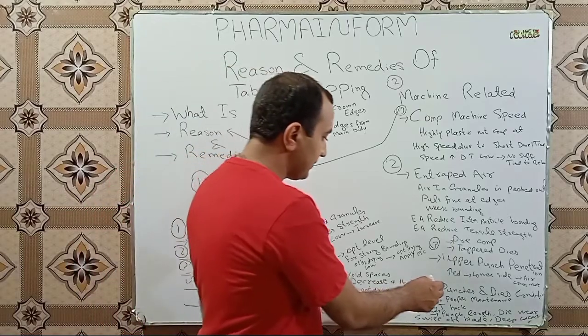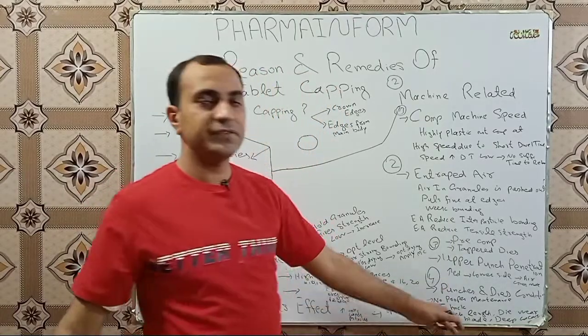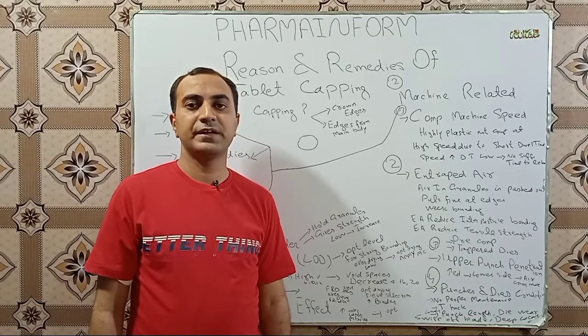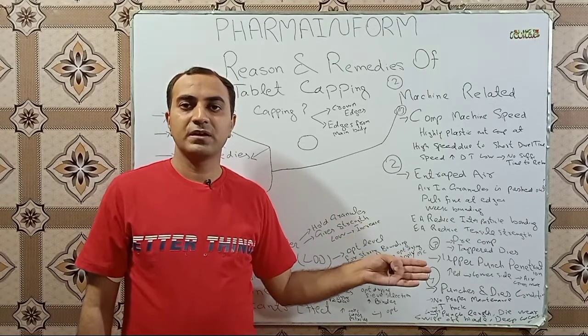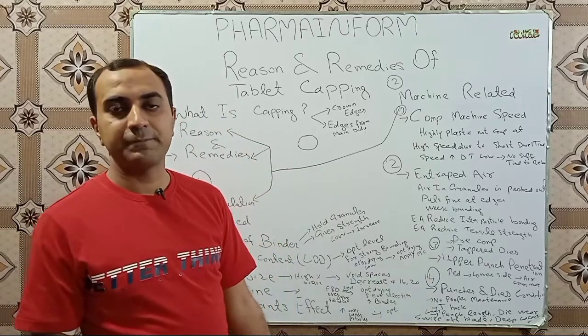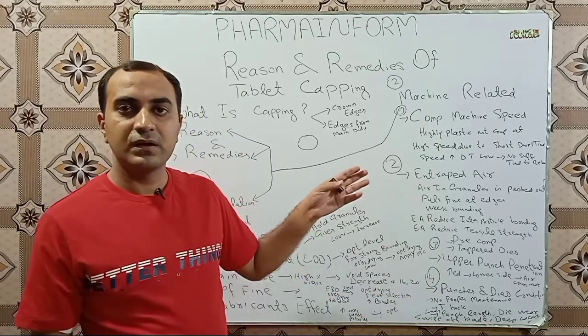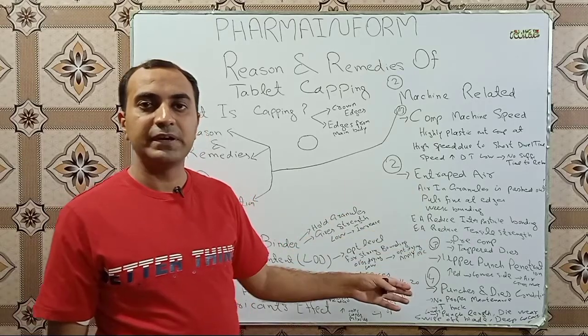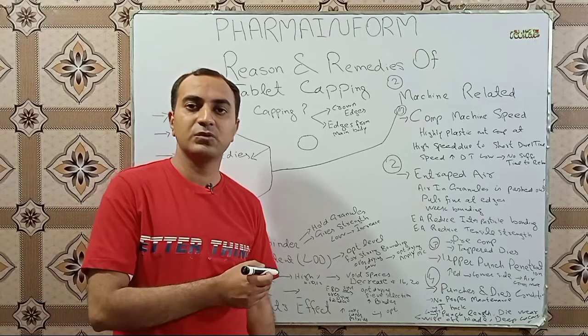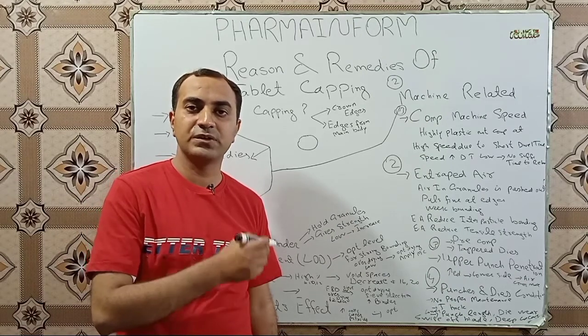The next factor is punches and dies condition. If our punches and dies are not properly maintained, they may have rough surfaces which will also promote tablet capping. Due to unmaintained punches, J hooks may appear on the surfaces of the punches. What is a J hook?